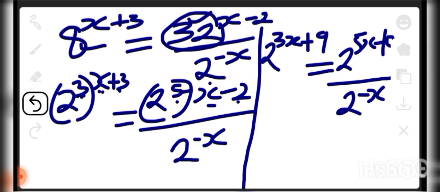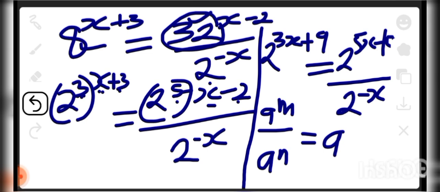The next, we are now going to apply the rules of indices. Remember, if I have a raised to power m, then divided by a raised to power n, the answer will be a raised to power m minus n.